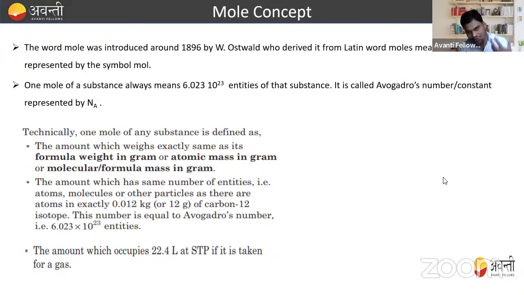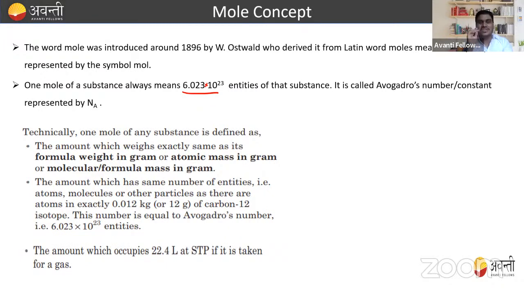Similarly, for 6.023 into 10 to the power 23 atoms, this much of entities combined together form 1 mole. What is 1 mole? 6.023 into 10 to the power 23 atoms, molecules, ions, all of these are termed 1 mole.